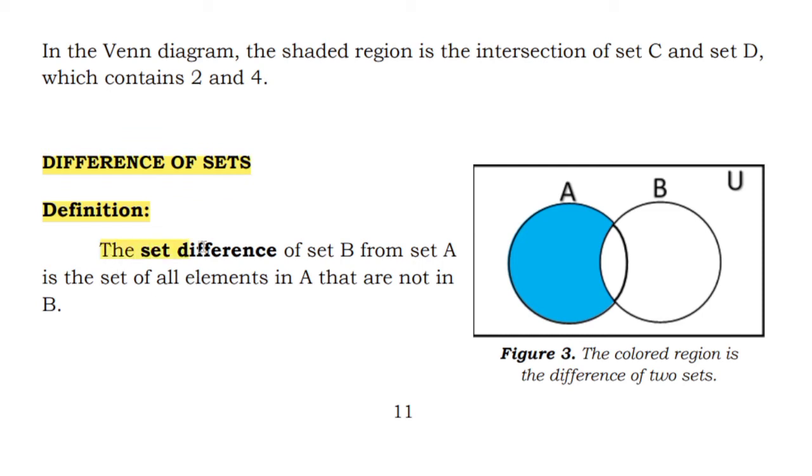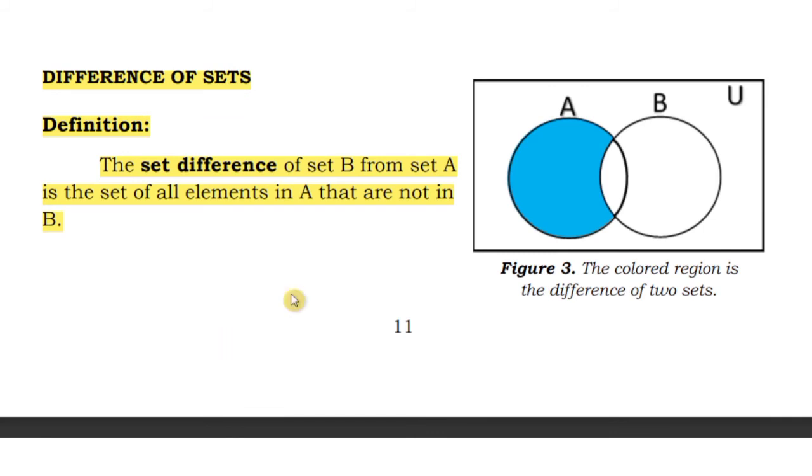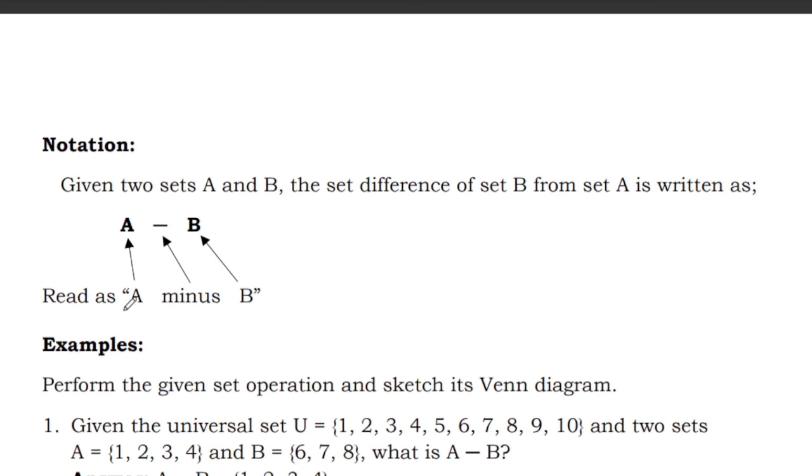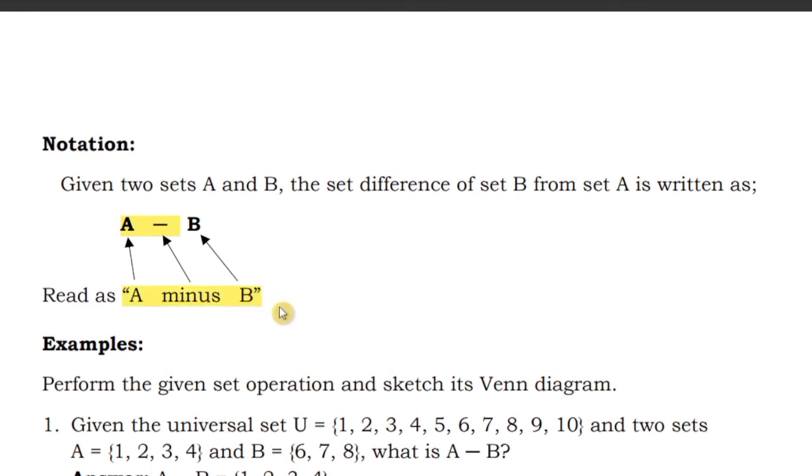When we talk about the difference of two given sets, the difference of set B from set A is the set of all elements in A that are not found in B, which is written with the symbol A minus B. In the Venn diagram, this is found outside the intersection but in circle A. So this is the symbol, A minus B, the difference of two sets.